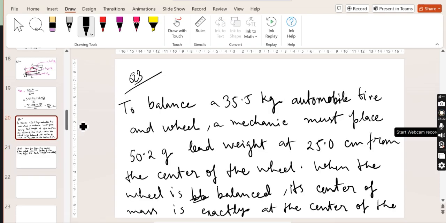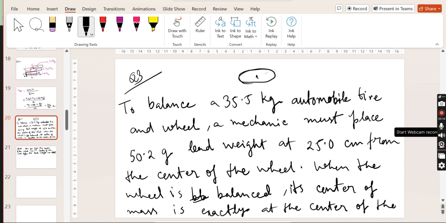So the question is that there was an automobile tire and wheel like this. The mass of the automobile tire and wheel was given, that is 35.5 kg. The mechanic has to put a 50-gram weight at 25 centimeter from the center of the wheel.